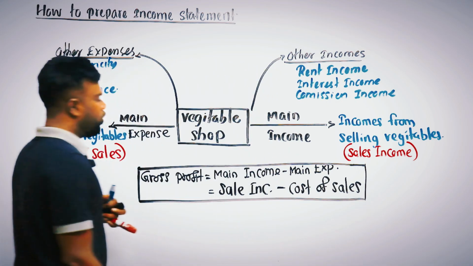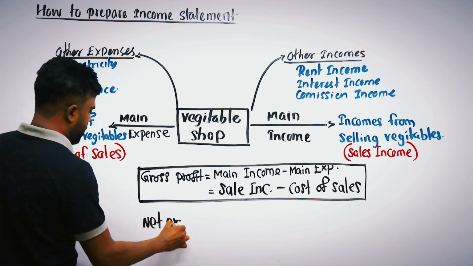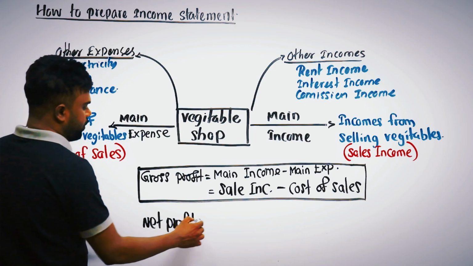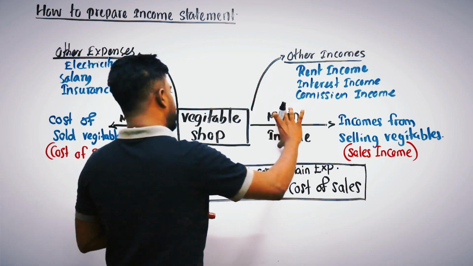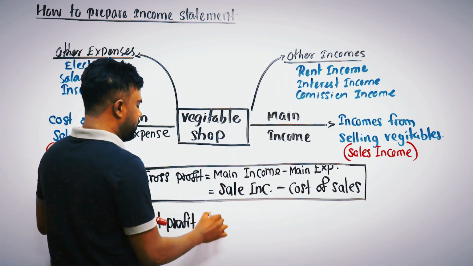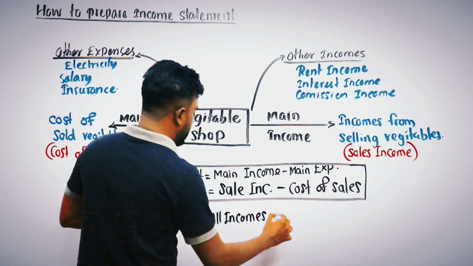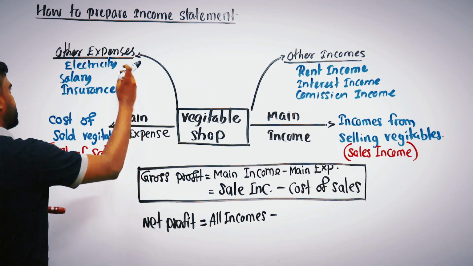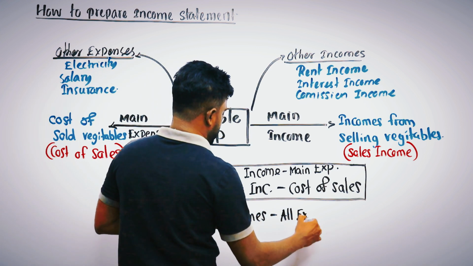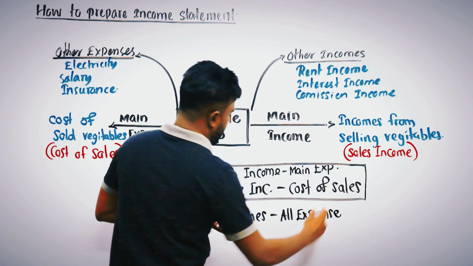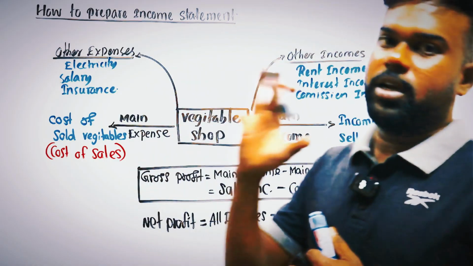If you want to identify net profit, how to calculate? Here you have to identify all incomes, main income plus other income, we call all incomes. All incomes minus main expenses plus other expenses, we call all expenses. If someone asks what is the meaning of net profit, you have to say all income minus all expense.